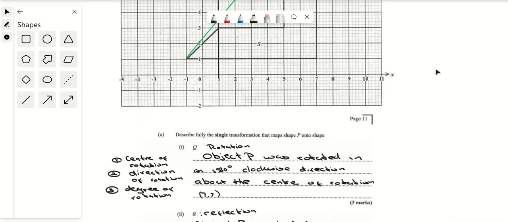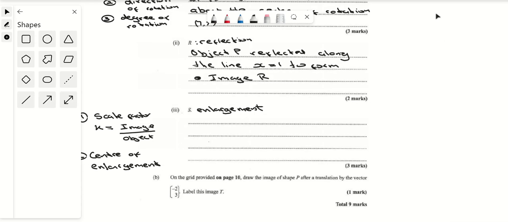So now we are going to go down. We found out our scale factor is 2. My center of enlargement is 7, 11.